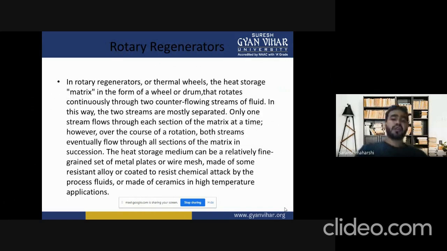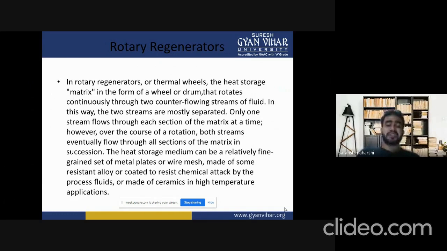In rotary regenerators or thermal wheels, the heat storage matrix is in the form of a wheel or drum that rotates continuously through two counterflowing streams of fluid. In this way, the two streams are mostly separated. Only one stream flows through each section of the matrix at a time. However, over the course of a rotation, both streams eventually flow through all sections of the matrix in succession.